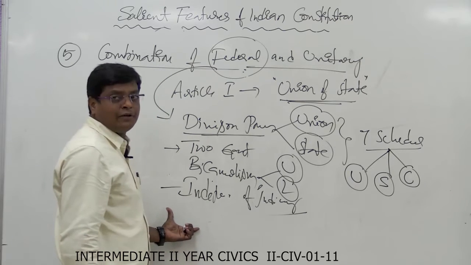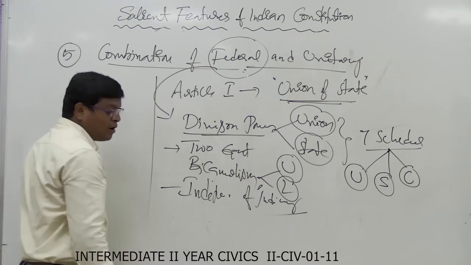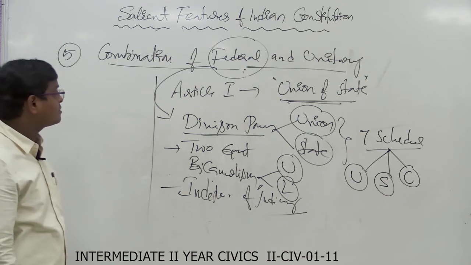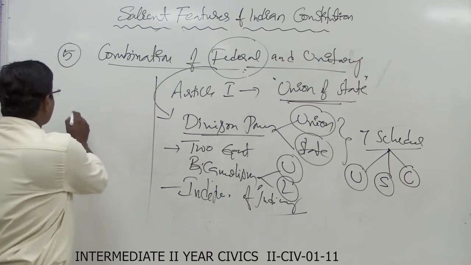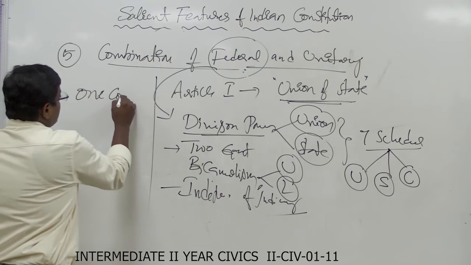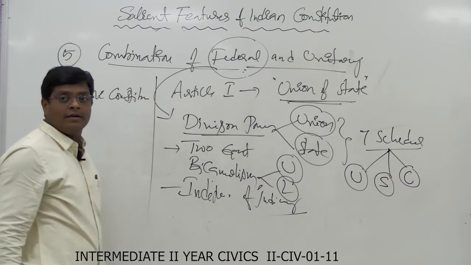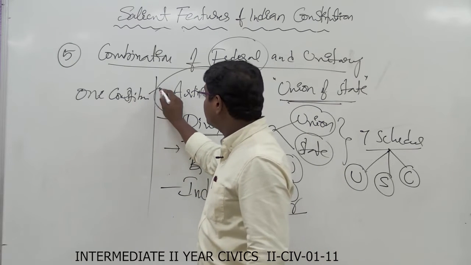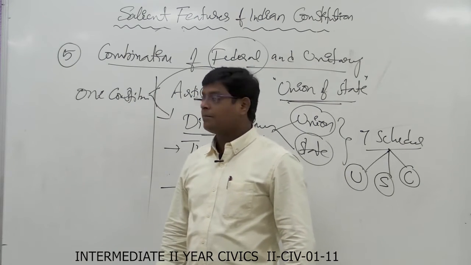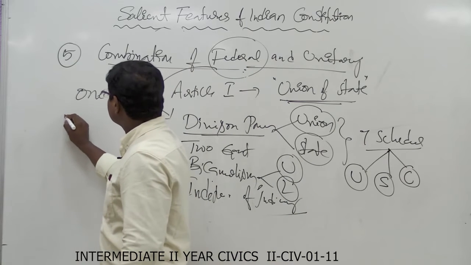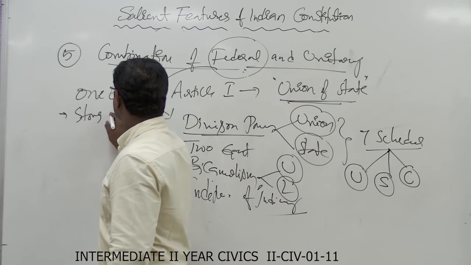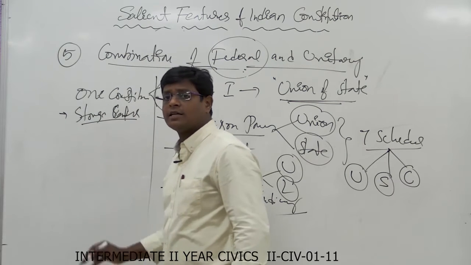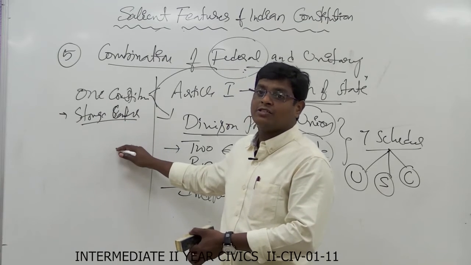Besides the federal features, the Indian Constitution also has some unitary features. What are the unitary features? You know that there is one Constitution. Is there any constitution for the states? No, there is only one constitution for both the states and the union government. At the same time, a strong center: the central government enjoys more powers than the state government.